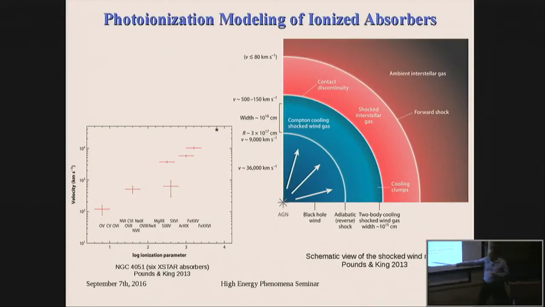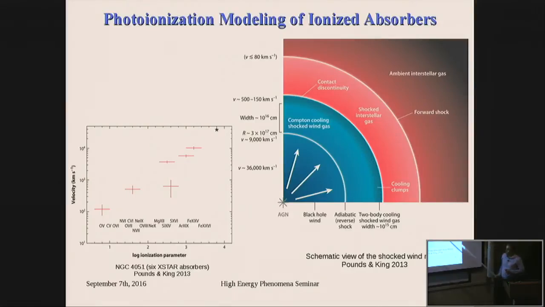As you see, there is a linear correlation between the ionization parameter and outflow velocity. When the ionization parameter is low, the outflow velocity is very low, and where the ionization parameter is high, usually from iron, the outflow velocity reaches 10,000 kilometers per second.